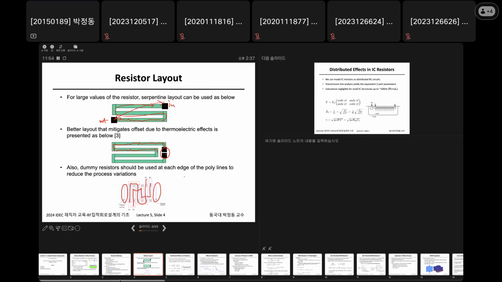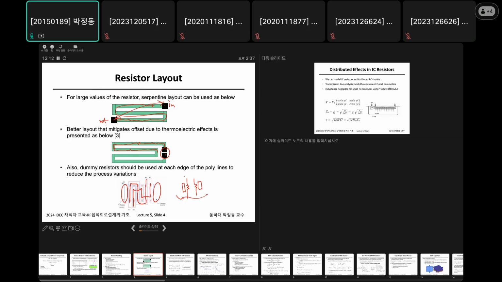R1 and R2. Also, there exists the dummy pattern. This dummy pattern is quite important.